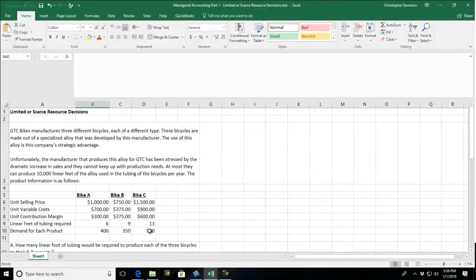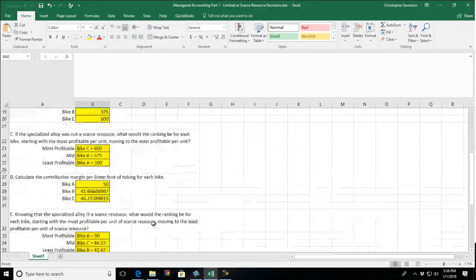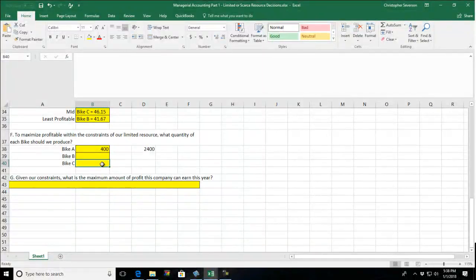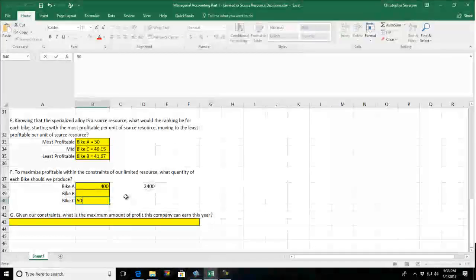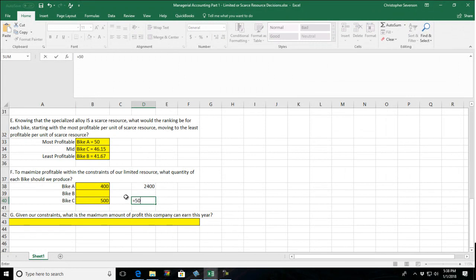There was a demand for 500, and they used 13 linear feet. So now we've used another 6,500. Now we're down to one bike. We know we don't have enough to meet all of the demand.